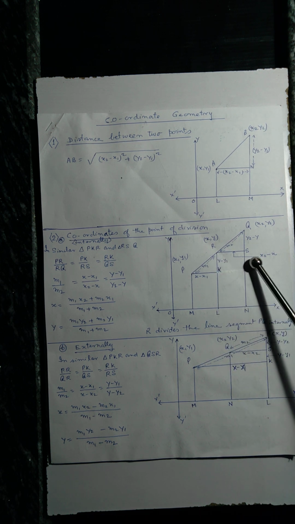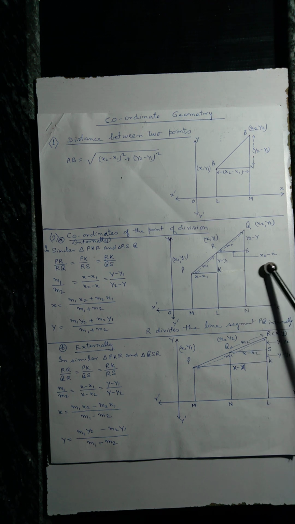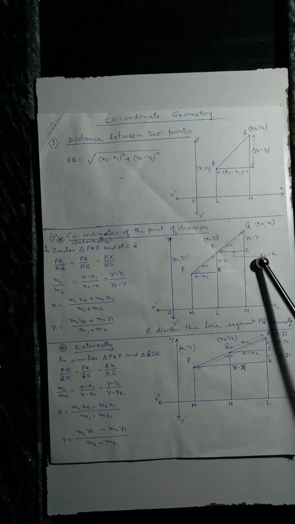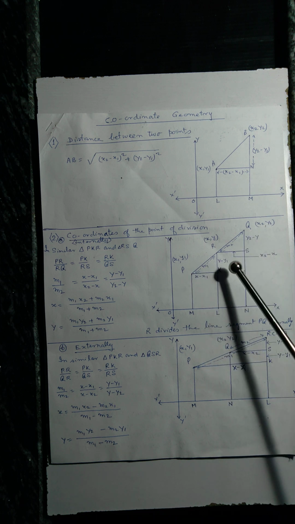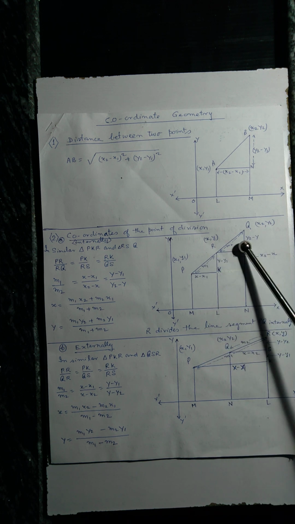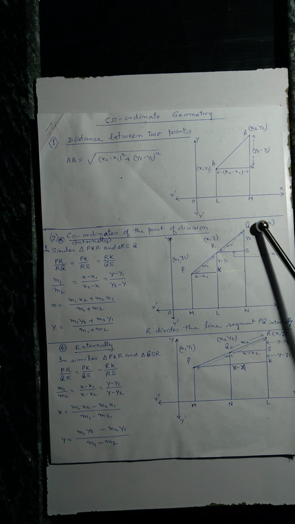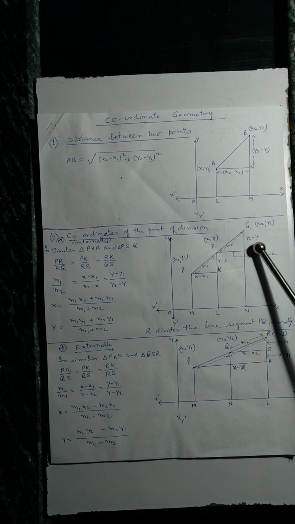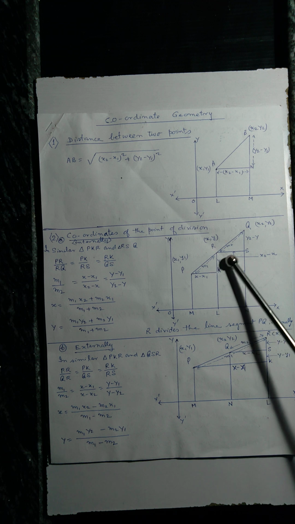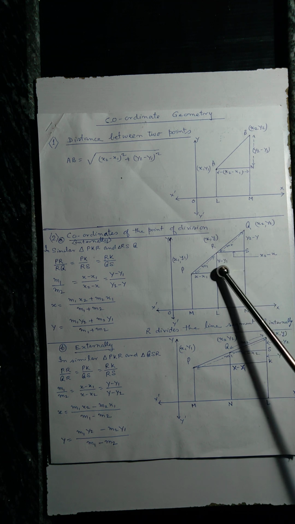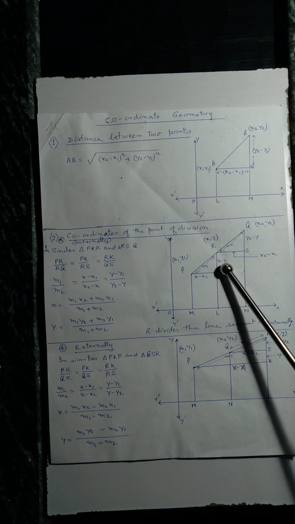This R divides the line segment PQ in the ratio M1 to M2. Now find QS: this is the perpendicular distance, so it is y2 minus y, and RK is equal to y minus y1.